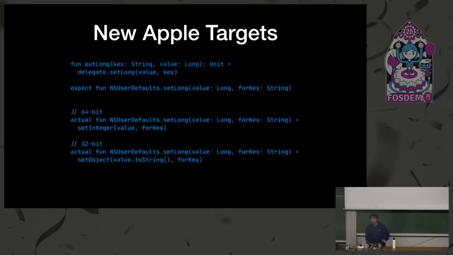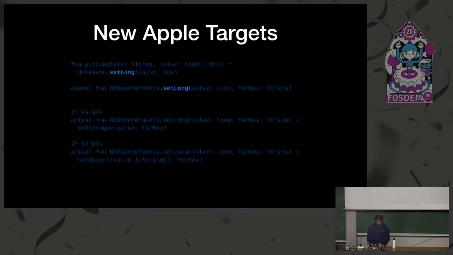So where that's ended up is now I've reintroduced some expect actual to the library. I have this set long extension, and there's a set long, get long, set int, get int that has different implementations per platform.